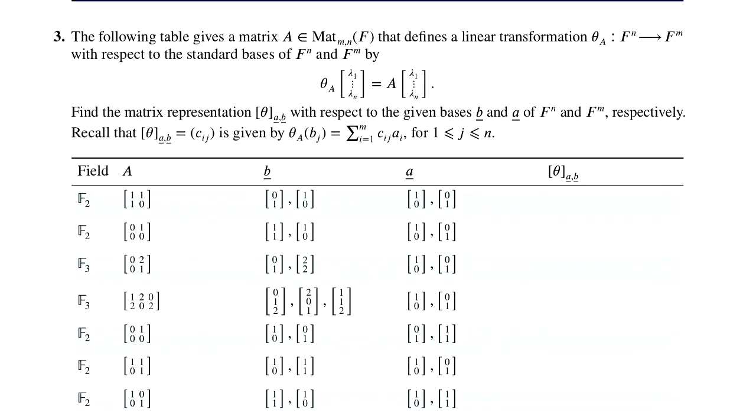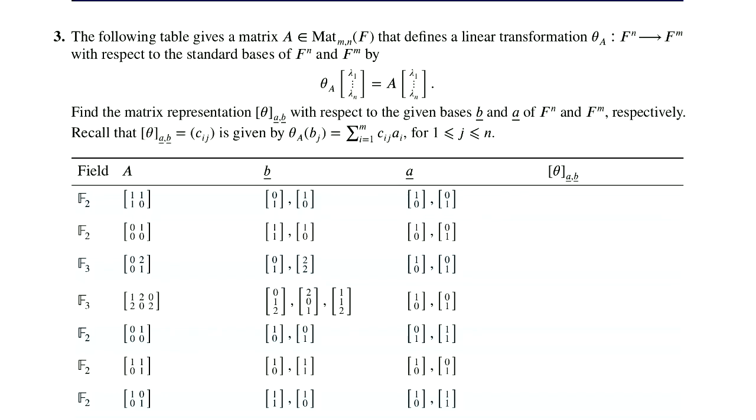In this last one, we're doing some matrix representations, but here we're not given exotic vector spaces, we're just given Fn and Fm, and our linear transformation is given by a matrix. So already we've got a matrix representation, but that's with respect to the standard bases of the domain and the codomain. So in this question we're asked now to take a more exotic basis of the domain, and that's just the standard basis of the codomain.